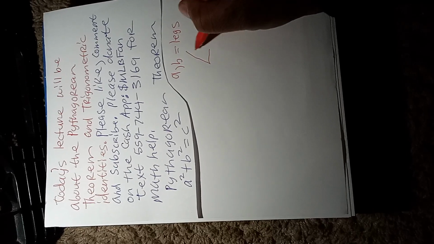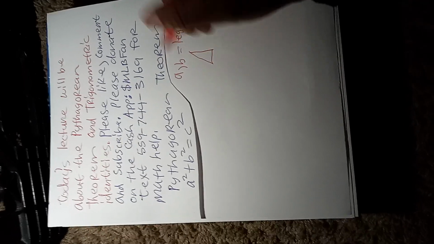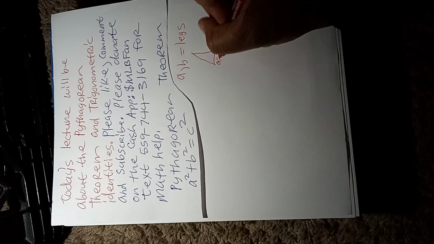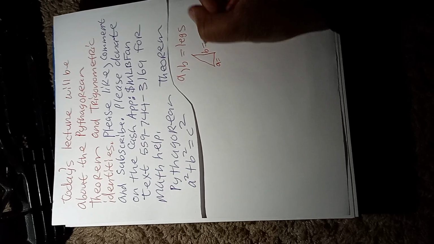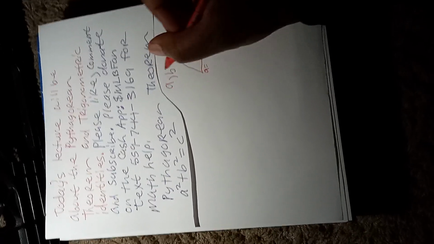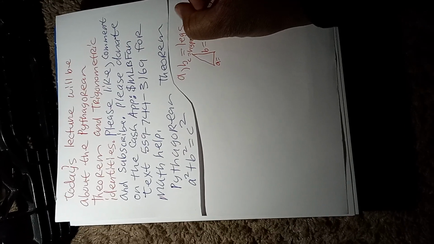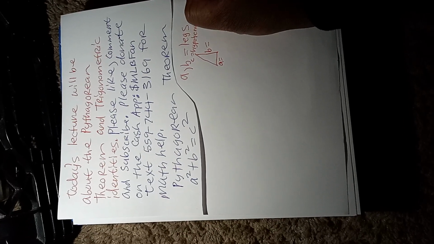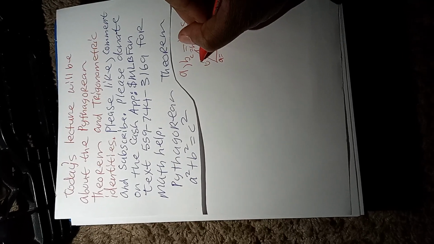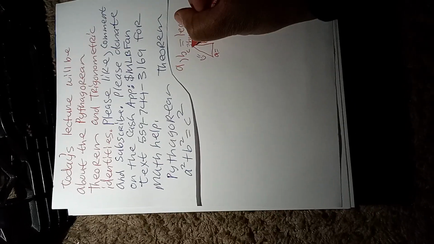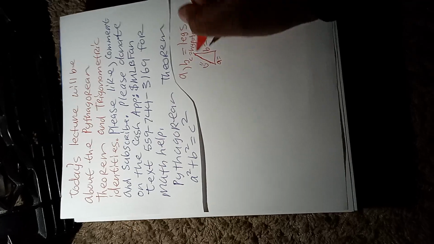So let's draw a triangle. And c is considered the hypotenuse. And c is right there where the diagonal of the triangle is.